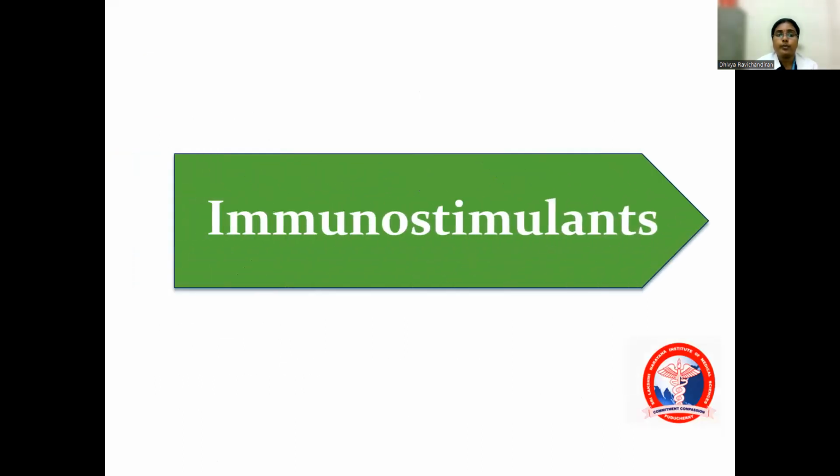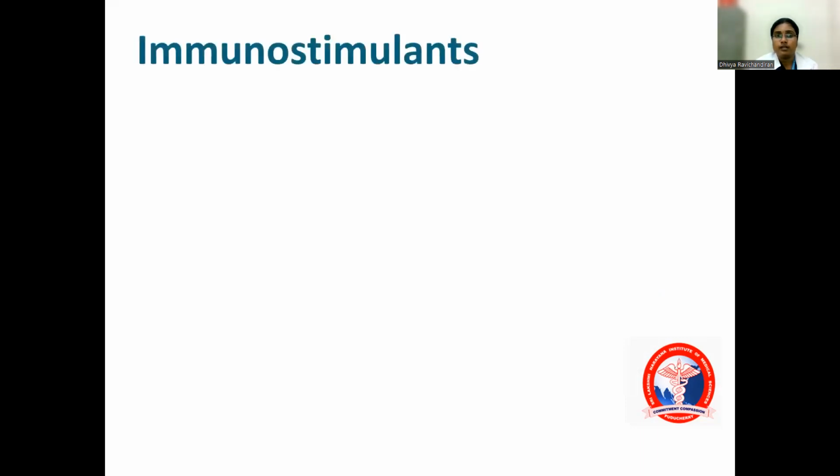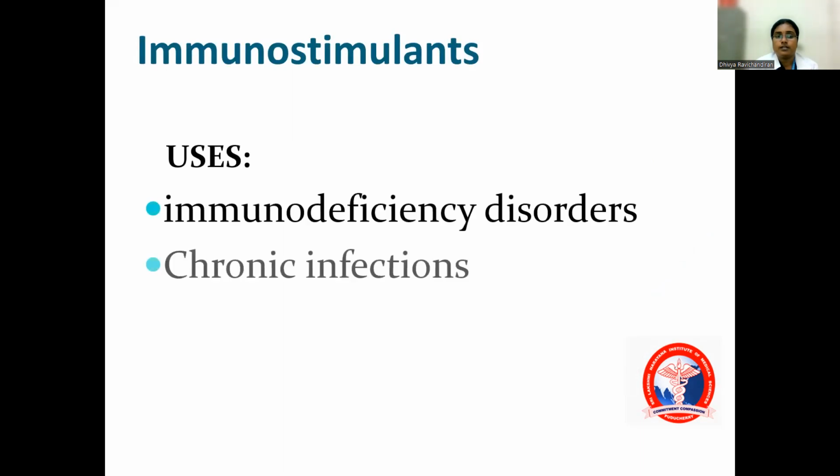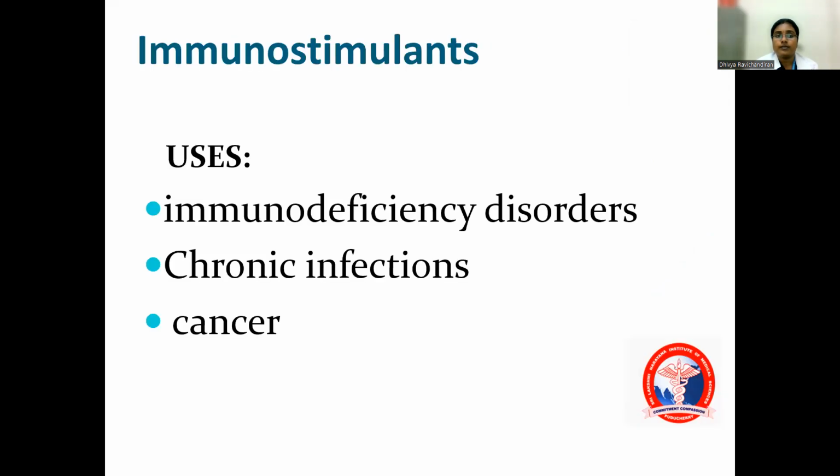So now we are moving on to immunostimulants. As we already saw in the definition, immunostimulants stimulate the immune system. They are mainly used in immunodeficiency disorders, chronic infections, and cancers.